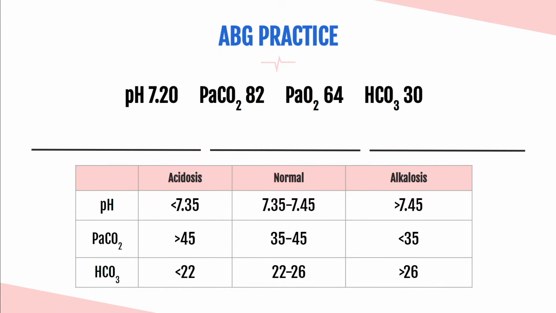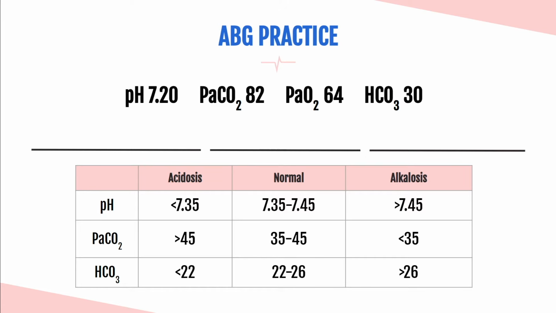All right, let's give this guy a name. So where do we start? We are going to start with the pH. Is it normal or abnormal? pH of 7.20, that is not normal. So our first name here is going to be what? Compensated or uncompensated?